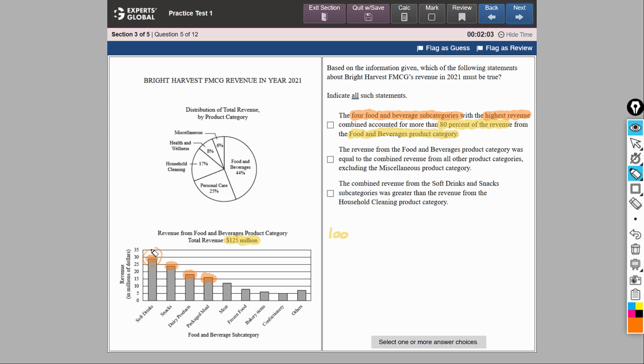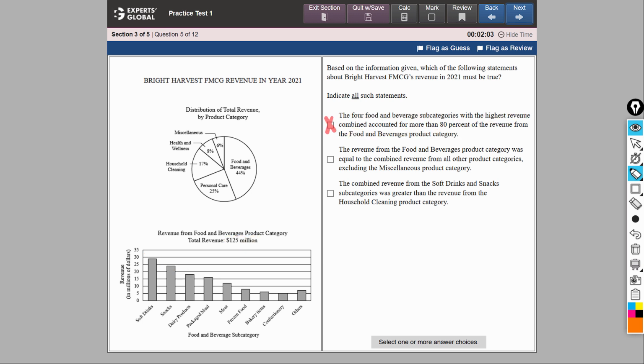The sum is 29 for the first subcategory, plus 24 for the second, plus approximately 18 for the third, plus approximately 16 for the fourth. They add up to 87, which is not more than the other value here, which we got as 100. Therefore, answer choice A is incorrect.